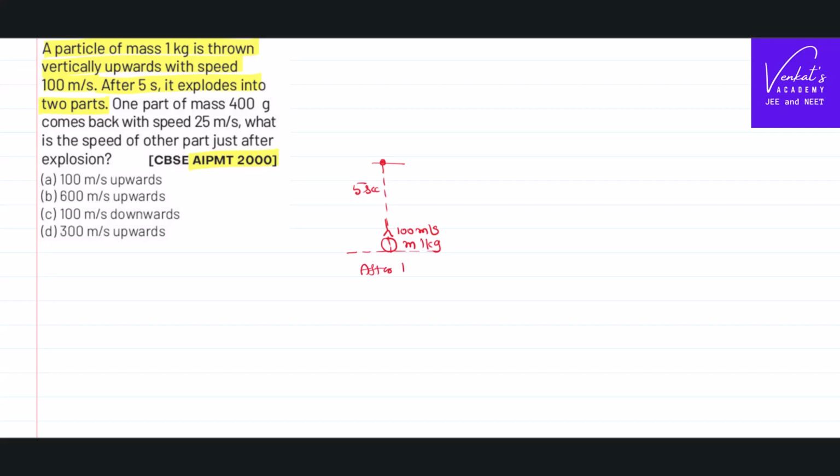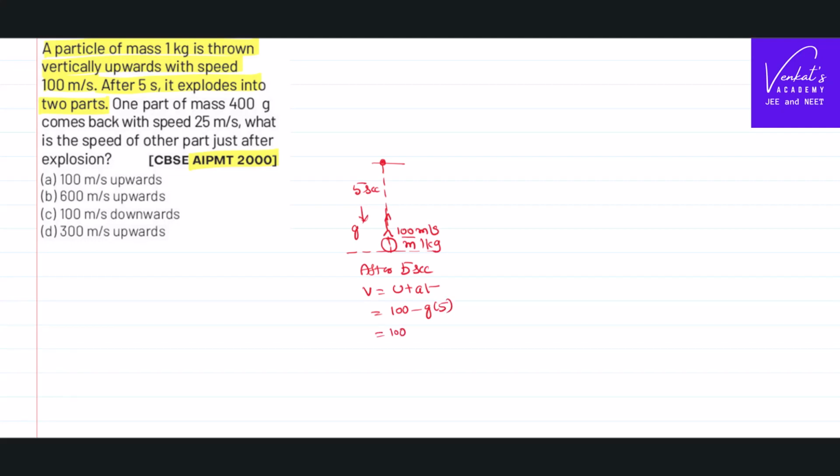So after 5 seconds, V equal to, I can use the formula U plus AT, as you know. U is 100, he has given it for you. A is minus G because it is going upward and gravity pulls it in downward direction, into T equal to 5.